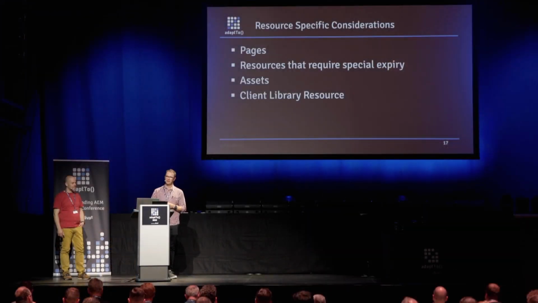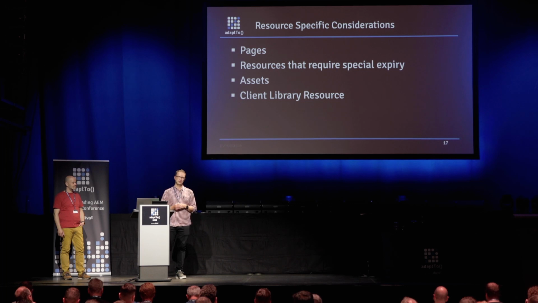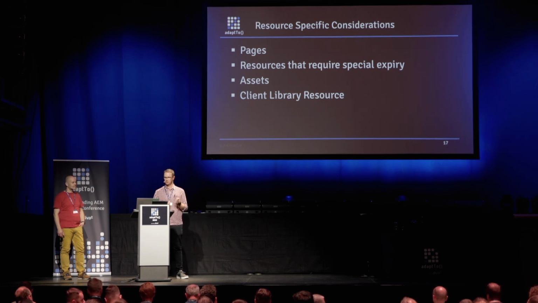So when you design your time to live policy, you need to consider your different resource types. As I mentioned before, the ACS Commons dispatcher max cache control header control allows you to fine-tune many of these things.